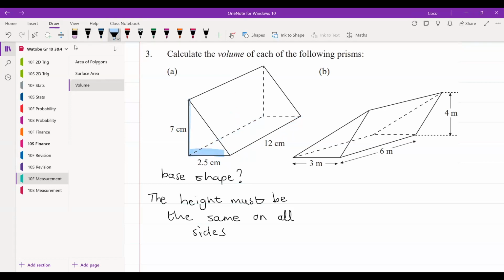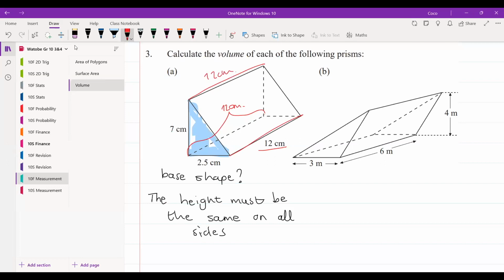But I know, guys, if I use my triangle as my base, what's the height of that side over there? Yes, Anachita, absolutely. It's 12 centimeters, right? And the height of this side over here, also 12 centimeters.